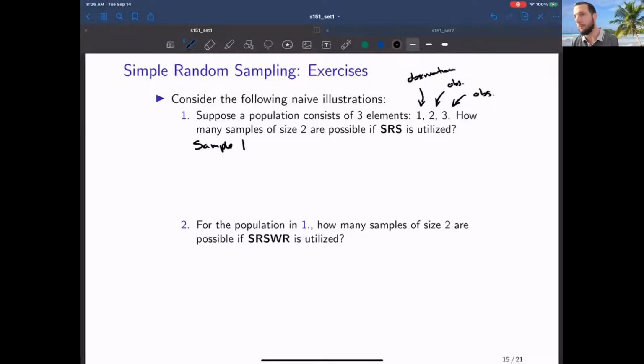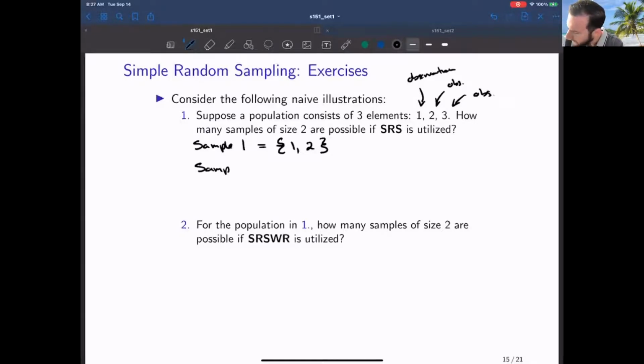One possibility is that if we have 3 people and we select 2 to enter into the sample, what we could get is a sample that consists of observation 1 and observation 2. So this is one of the possible samples that we could observe under a simple random sampling scheme if we are taking 2 persons from 3 total persons, or 2 observations from 3 observations.